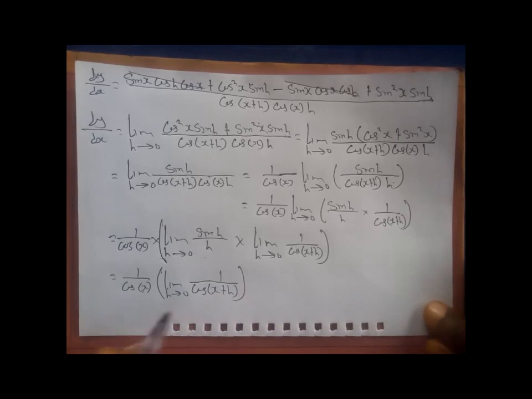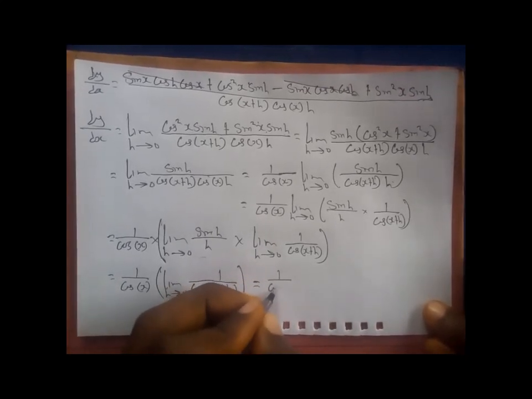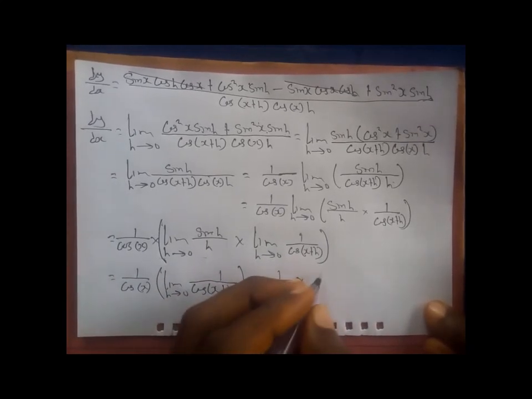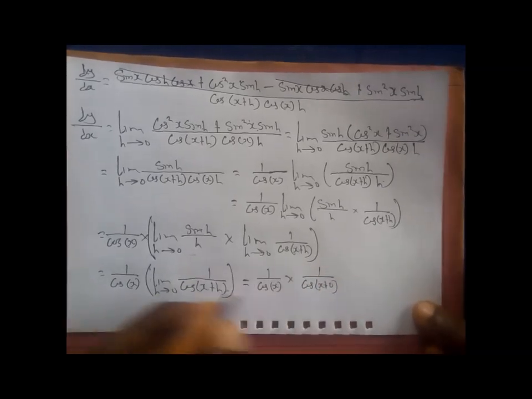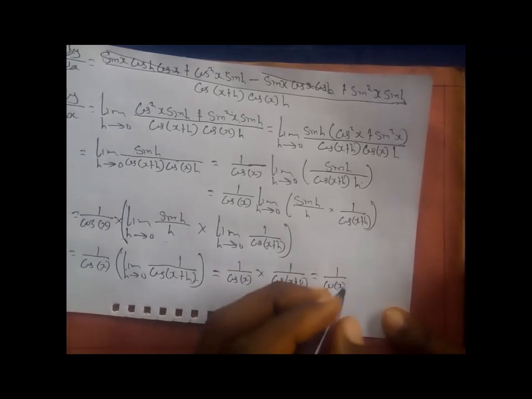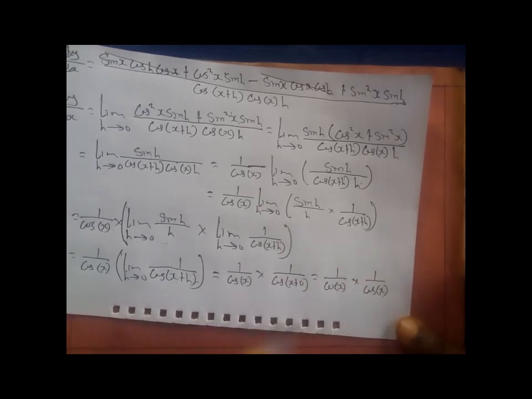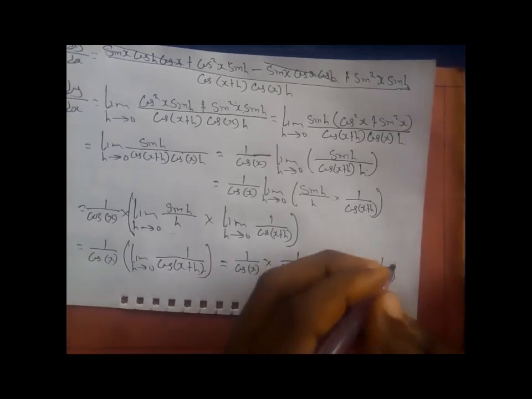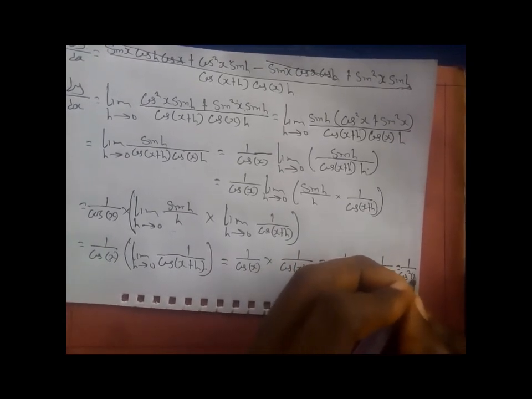Now we can plug in the limit as we can't have an undefined function, and this equals 1 over cos x, multiplied by, as h approaches 0, 1 over cos(x plus 0), and proceeding forward, we have 1 over cos x times 1 over cos x, because x plus 0 is still x. And this product gives us 1 over cos squared x.